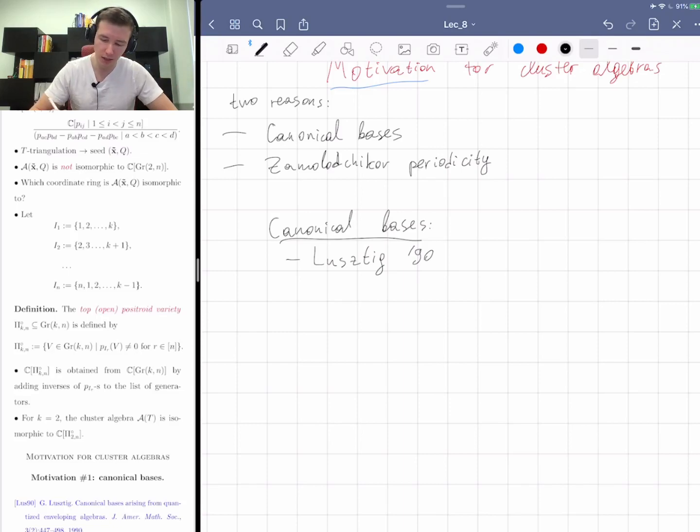Let me mention that in particular, this construction gives a nice basis of the coordinate ring of the Grassmannian.